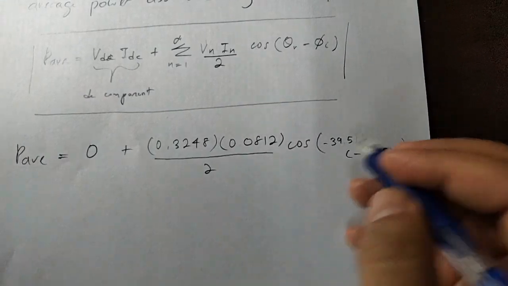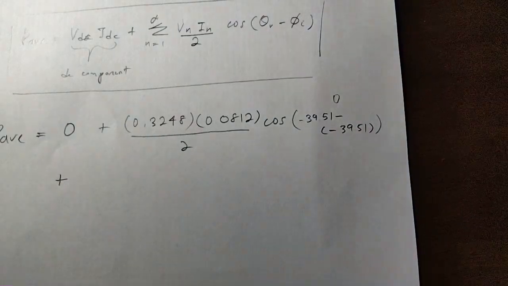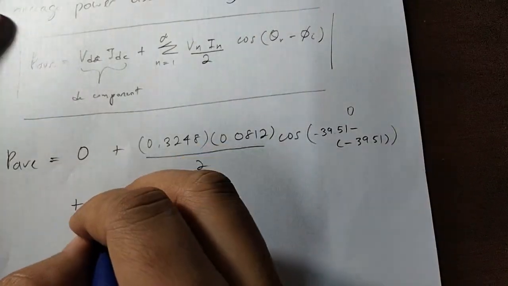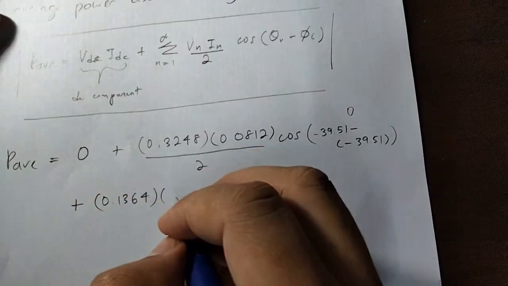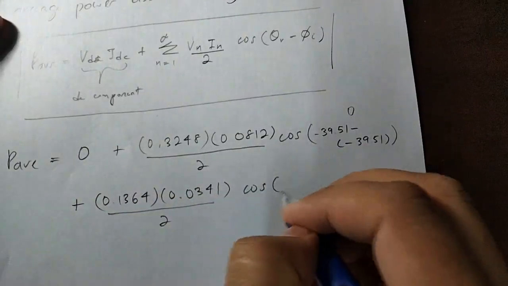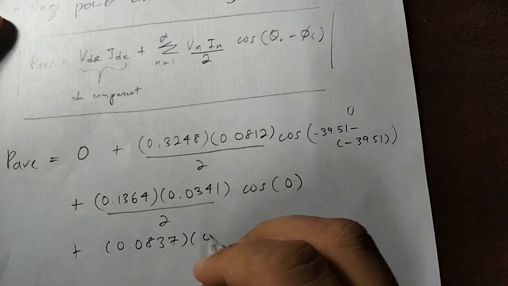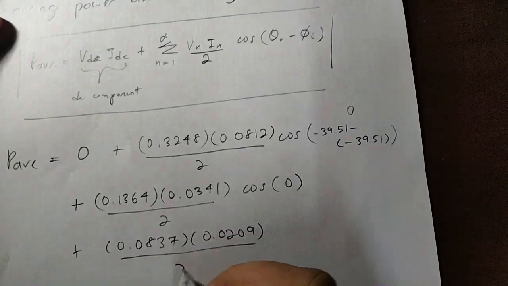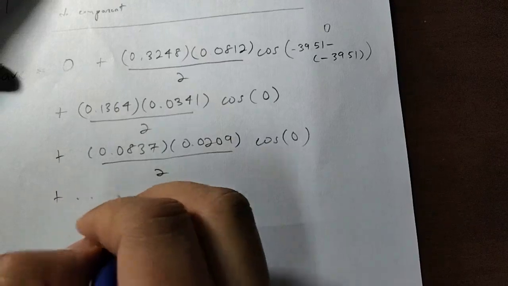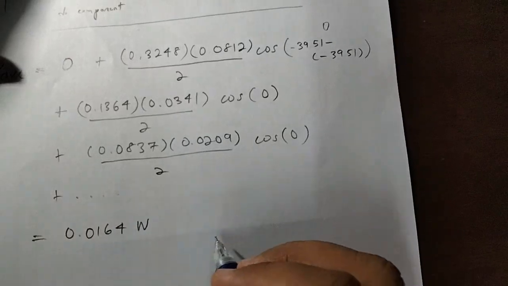So meaning that this is 0, right? So continue for n equals 3 and 5, 0.1364, 0.0341 divided by 2, and then same thing, cos 0, 0.0837, 0.0209 divided by 2, cos 0, and then so finally, all this value is 0.0164 watt, right?